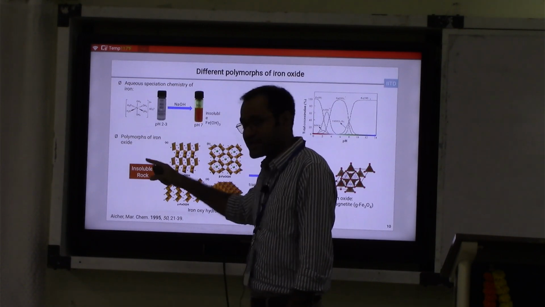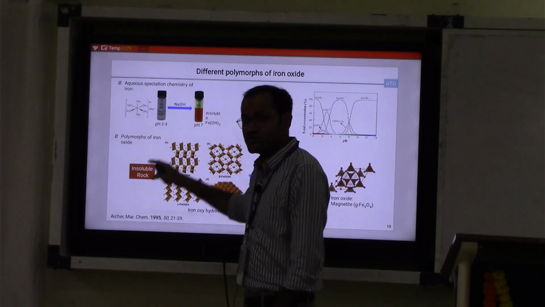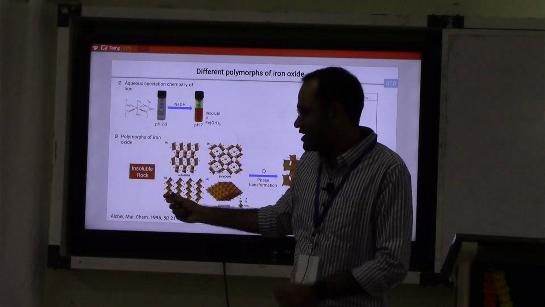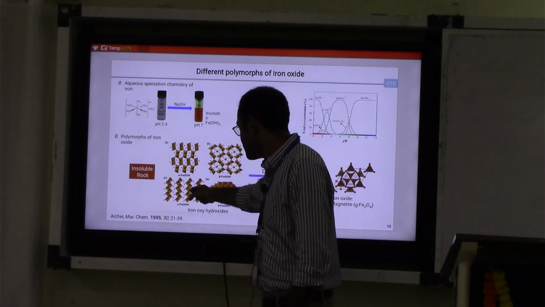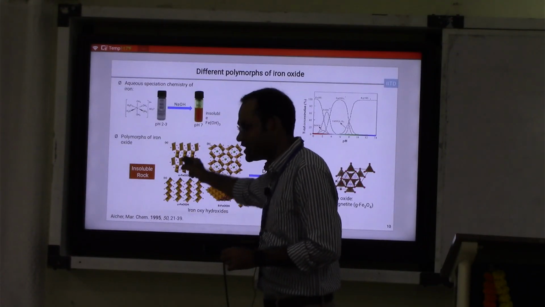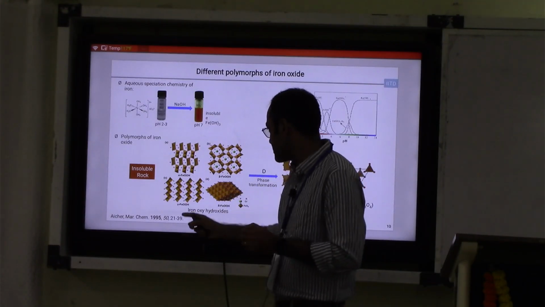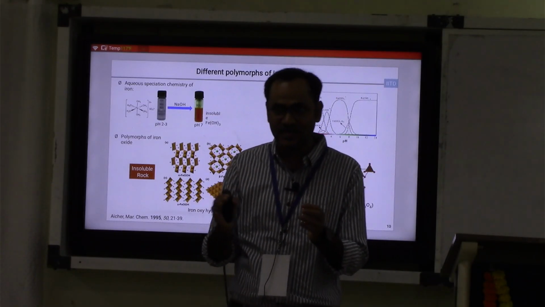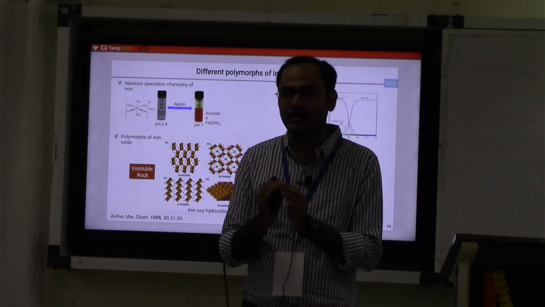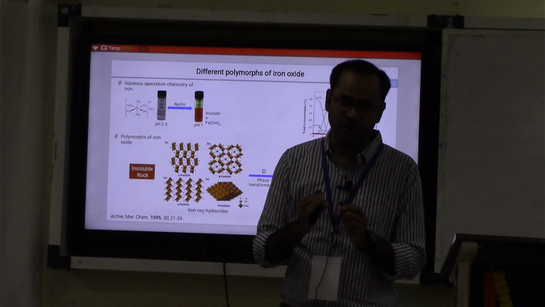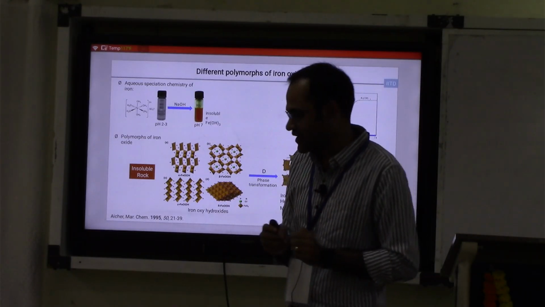Also, during this experiment that you are making, this Fe(OH)3, if you just slightly warm this mixture, you will end up with a beautiful crystalline material with a nice edge sharing structure. And if you control their structure with some surfactant or some ligand, you can make nice nanostructures of iron oxide or iron oxyhydroxide.